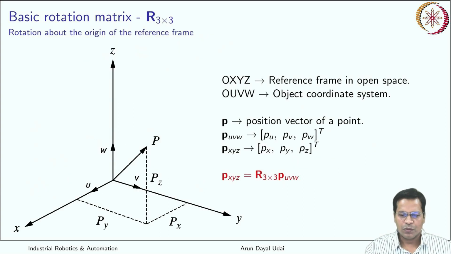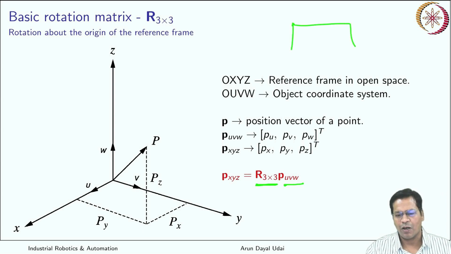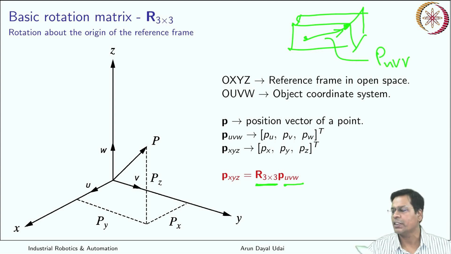So what we intend to find here is a 3 by 3 rotation transformation matrix that has the capability to rotate the point P(u, v, w), which is in the object space. If this is an object, with a position vector from this corner, this is uvw, in this frame.